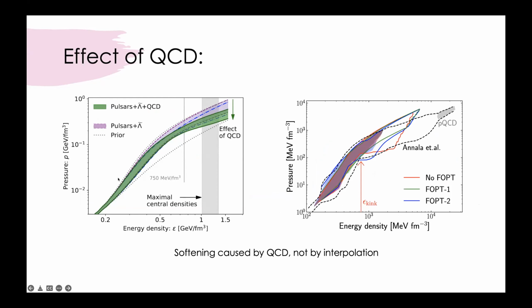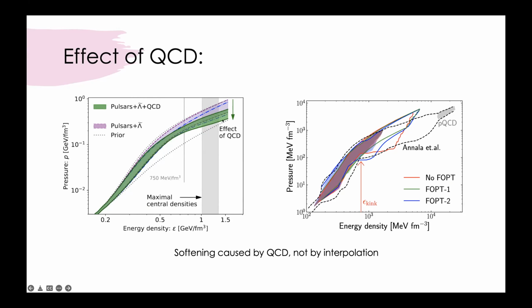Here you can see some confidence limits coming from the previously shown posterior. You can see that the posterior favors harder equations of state at high densities. That's the violet band here.